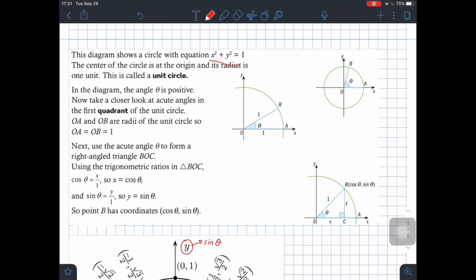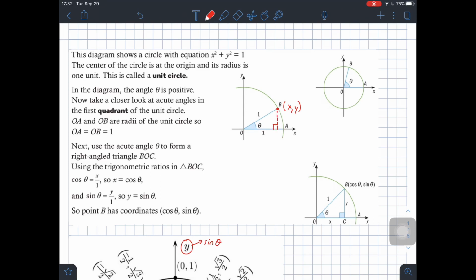Then it says, this diagram shows a circle with equation x squared plus y squared equals 1. For example, this triangle over here, this point B, has coordinates (x, y). If we build the right triangle here, we would see that the hypotenuse is 1, the x coordinate would be x and the y coordinate would be y.